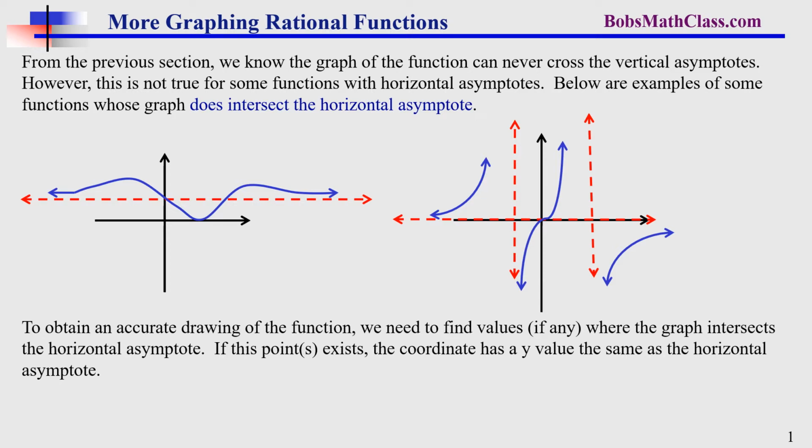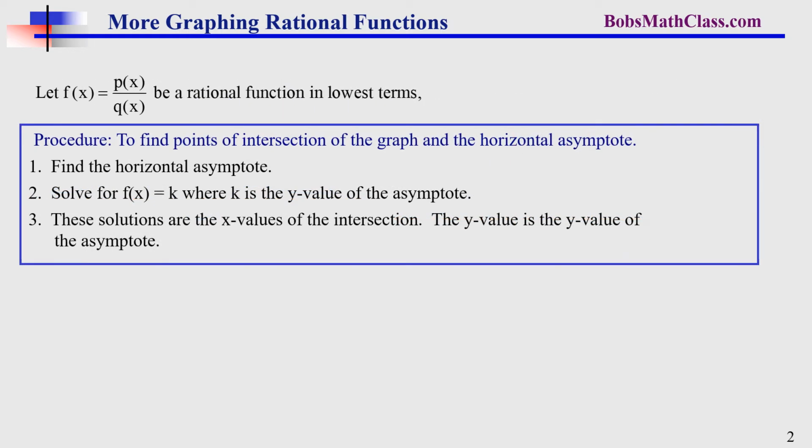So what we're going to do is find where this happens. What is the x value where it intersects the horizontal asymptote? Here's our rational function, p of x over q of x. To find the point or points of intersection of the graph and the horizontal asymptote, number one, we need to find the horizontal asymptote.